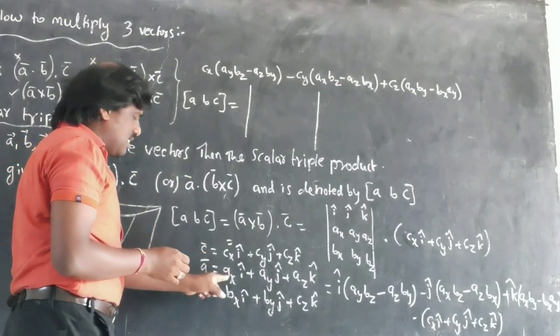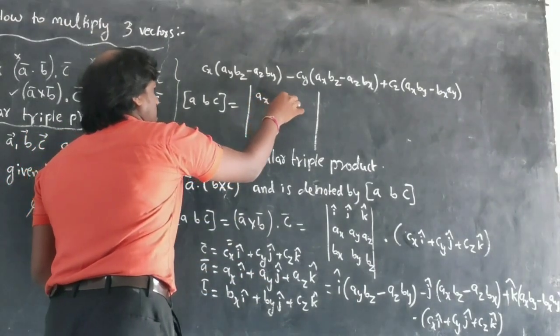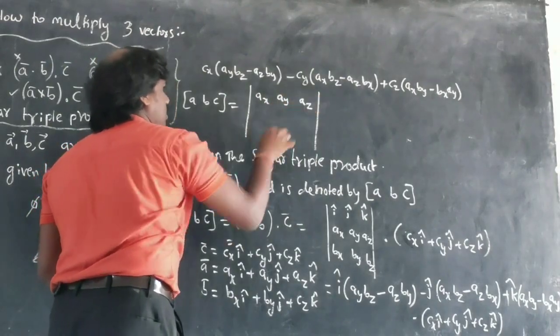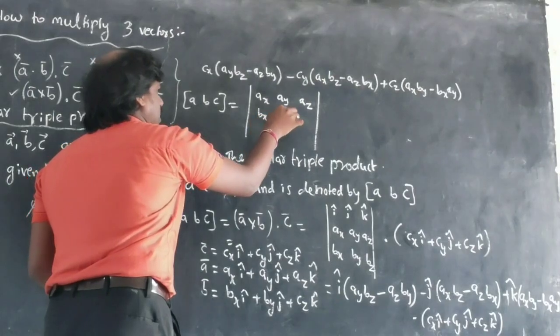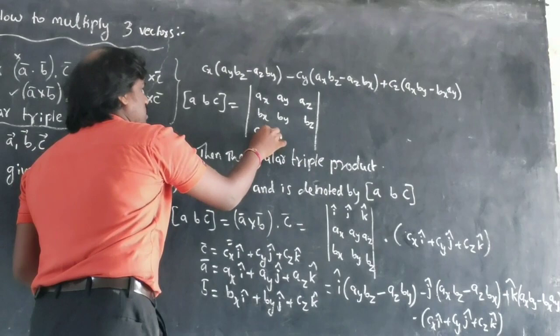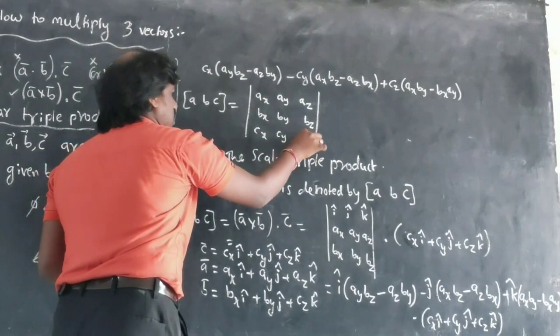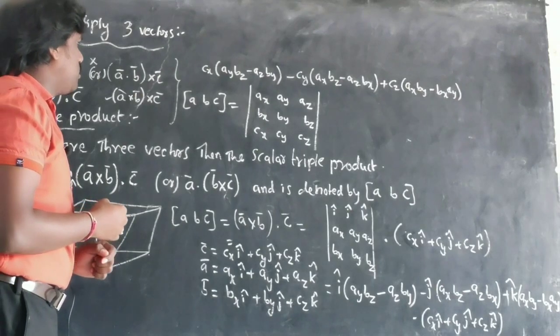Box ABC is nothing but: write the A vector first, Ax, Ay, Az, and then Bx, By, Bz, and then Cx, Cy, Cz, and that is what I am going to get here.